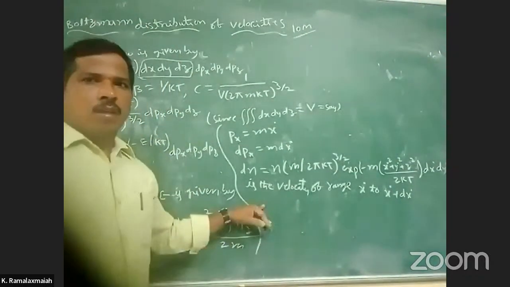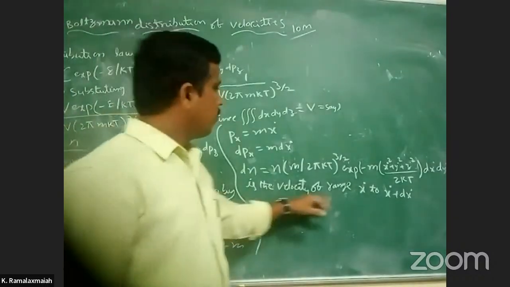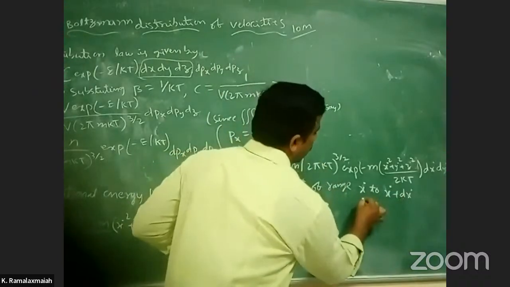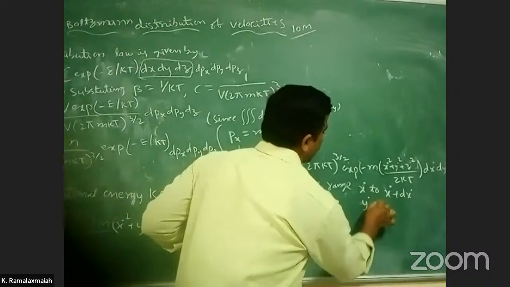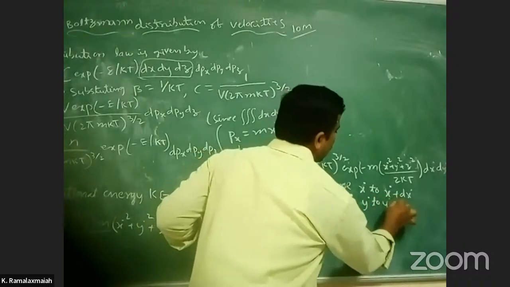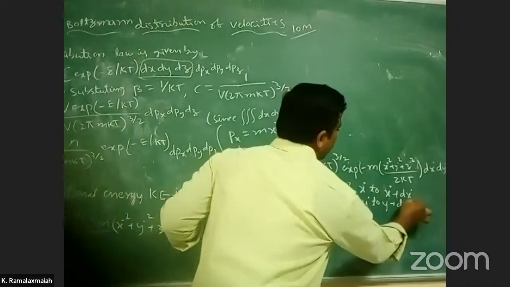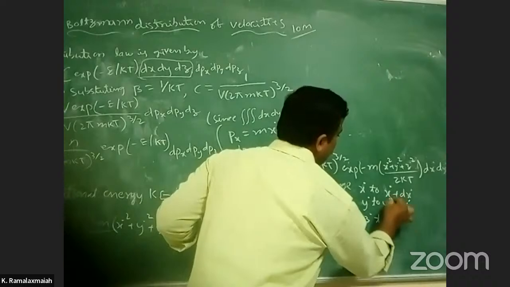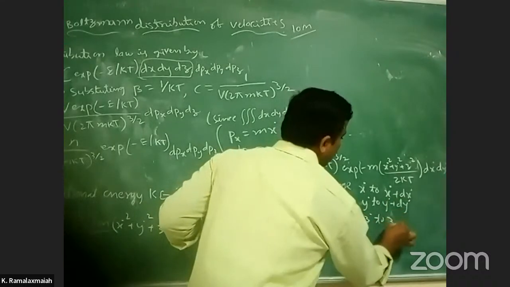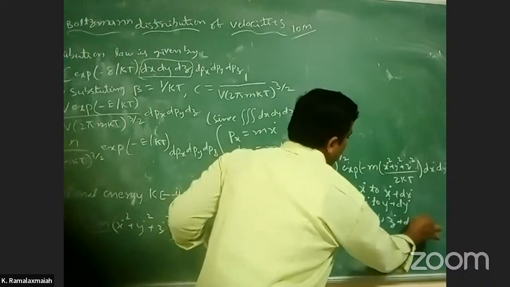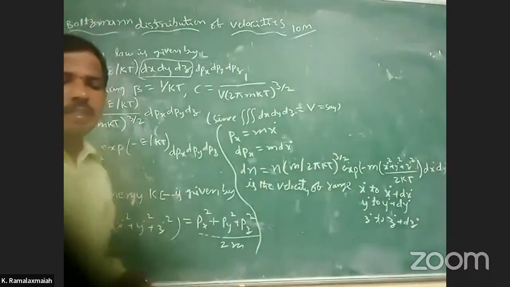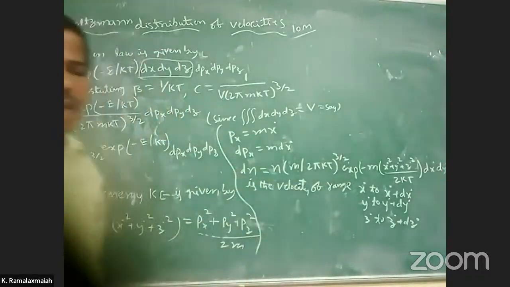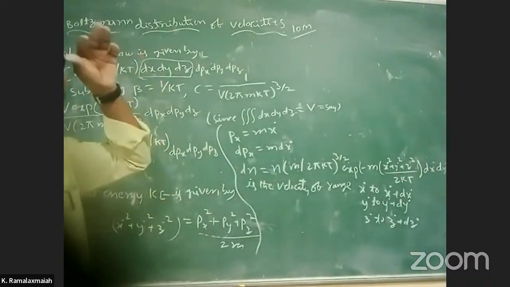Here the velocity range is x dot to x dot plus dx dot, y dot to y dot plus dy dot, z dot to z dot plus dz dot. That is the velocity range. Let c be the speed of the molecules.